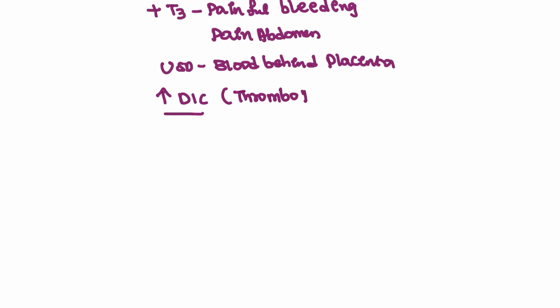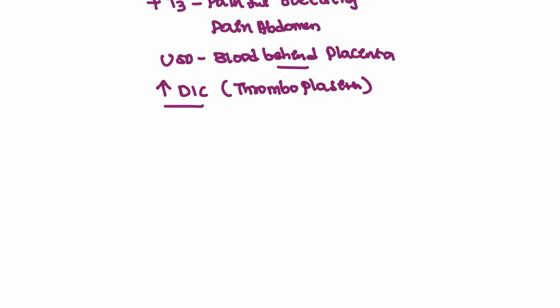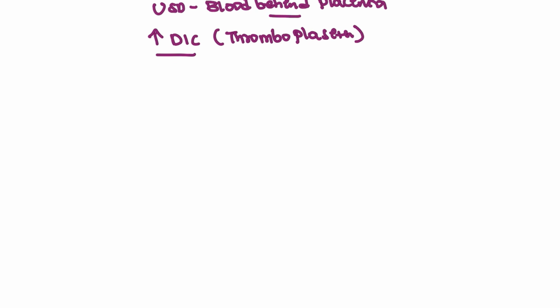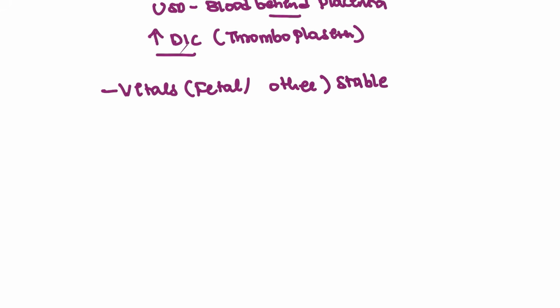The thromboplastin which is released from the blood behind the placenta can trigger DIC in this patient. And if the vitals of the patient, whether fetal or maternal, are stable, then we can go for vaginal delivery if it is more than 34 weeks of gestation.